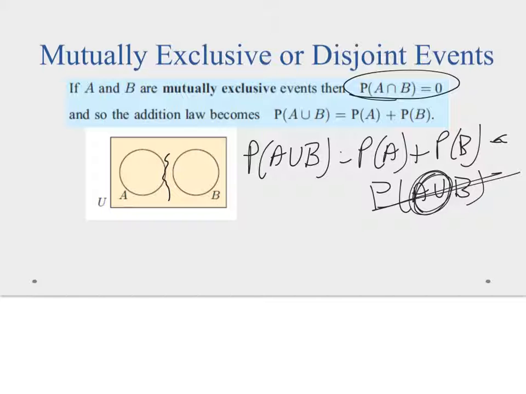So we no longer need that. So this becomes our new formula. So probability of A union B is equal to the probability of A plus the probability of B, because there is no intersection that we counted twice. So our addition law, if the events are mutually exclusive or disjoint, becomes this right here.